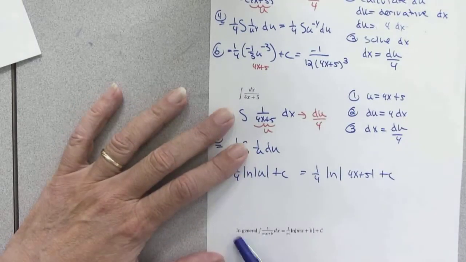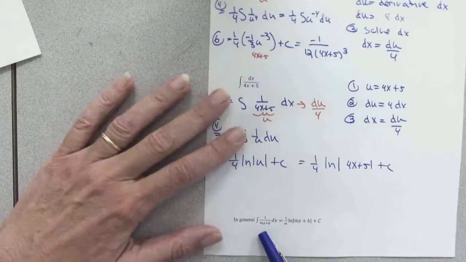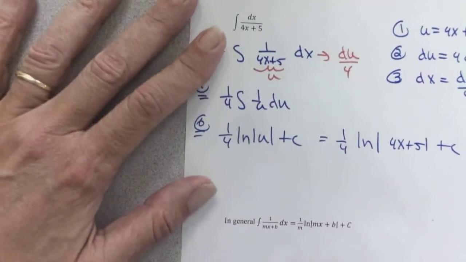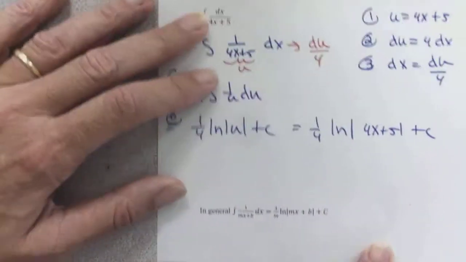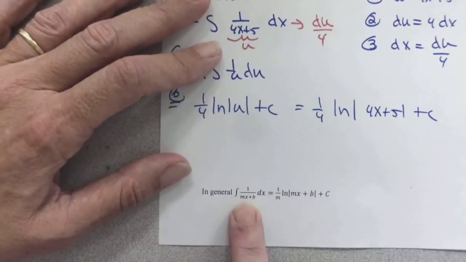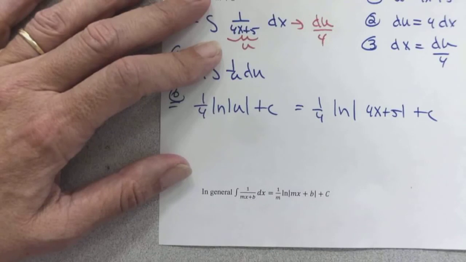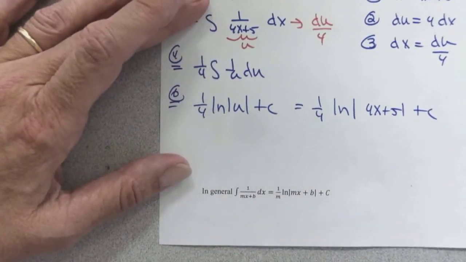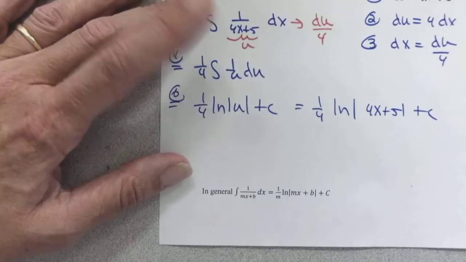And you are allowed to use this fact, that if you recognize that you have 1 over linear or constant over linear, you don't have to show me the u substitution, because we've talked about this so much.